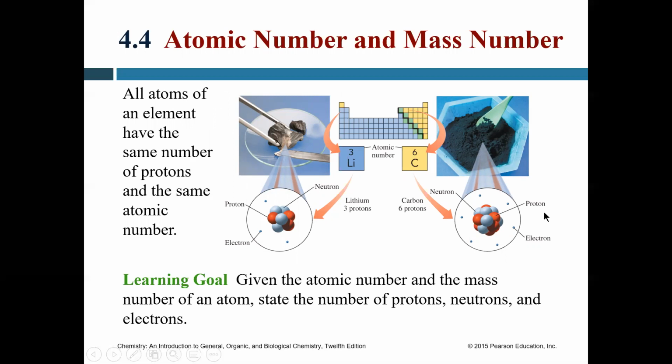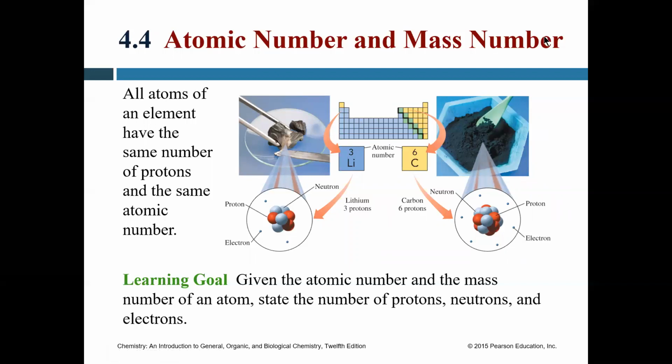So I talked about mass number. Let's go over that and atomic number. So when you're looking at your periodic chart, you're going to see a whole number, and that's going to be the ordering that it's in. So hydrogen has an atomic number of 1. Helium always has an atomic number of 2.